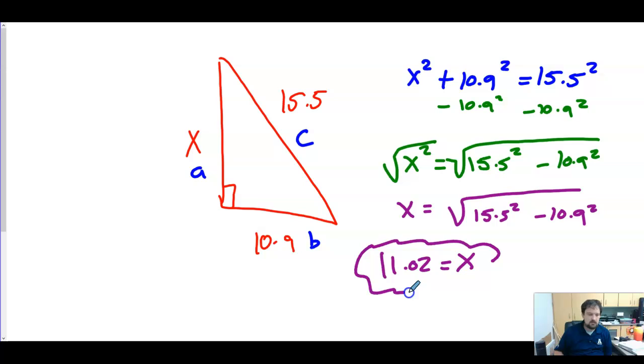Yeah, rounded. Okay, and so you can do it that way, or you can break it down at the very beginning and figure out what 10.9 squared is and 15.5 squared is and just deal with decimals. Either way works, whatever you prefer. I just wanted to let you see how it would work to not use your calculator until the end.